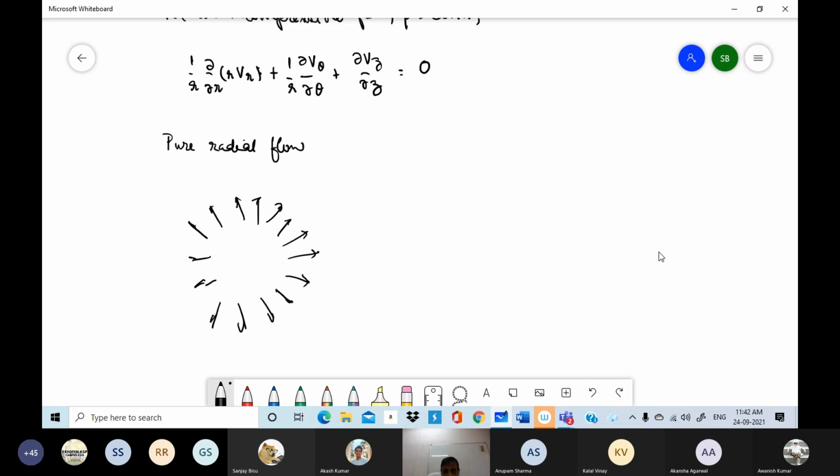So I'm assuming that V theta and Vz are 0 and Vr is a function of r only.